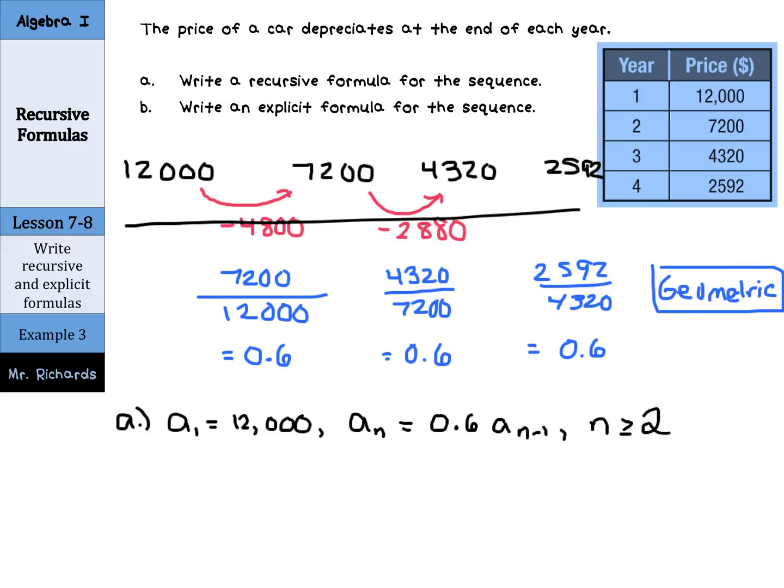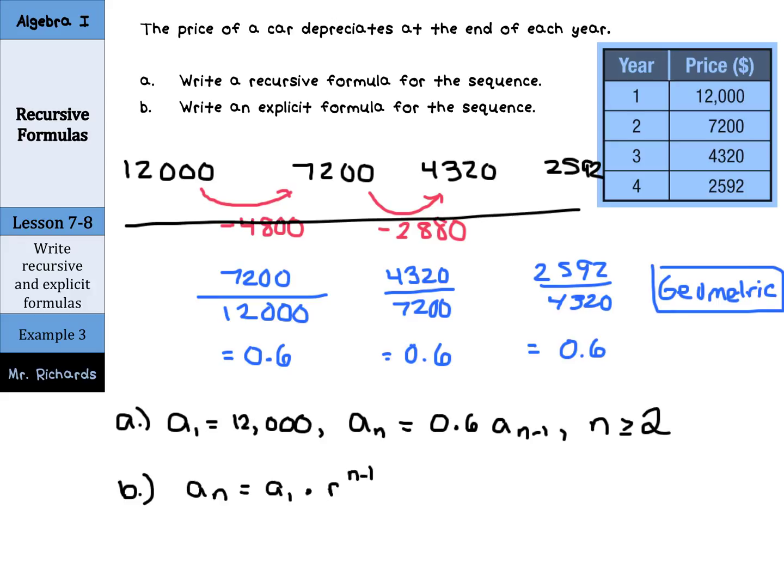And lastly then, for our explicit formula, we can use the idea, once again, from the previous slide, that for any term, we're going to look at the first term and multiply it by our common ratio to the n minus 1 power.